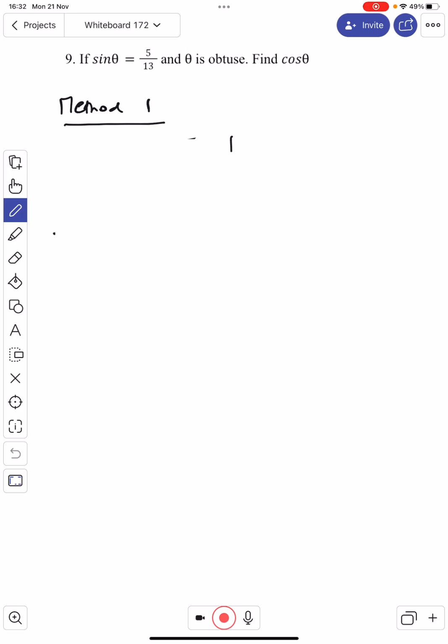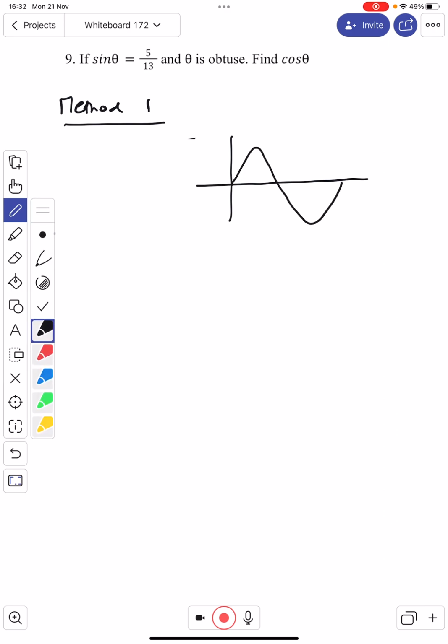So if I just start off for a minute with considering the graph of sine theta. If sine theta is 5/13, so if we draw a line across here, if theta was there or there, that's 5/13. So we know that there are two possible angles here, there or there, where sine of the angle is equal to 5/13.